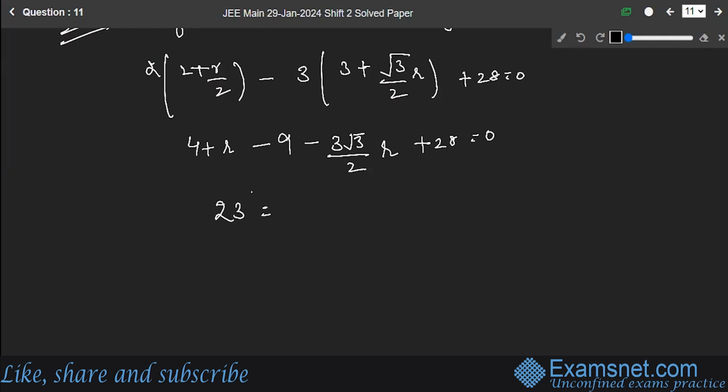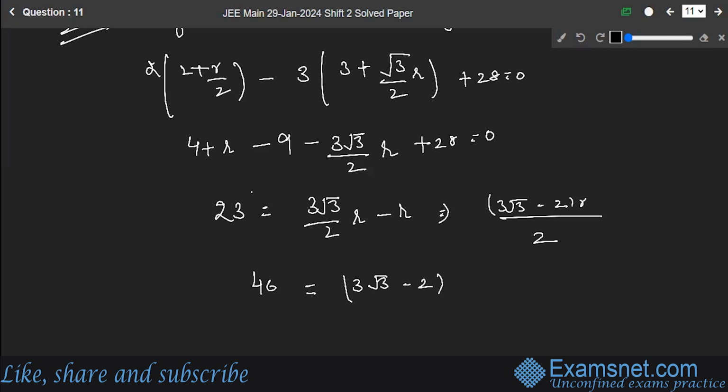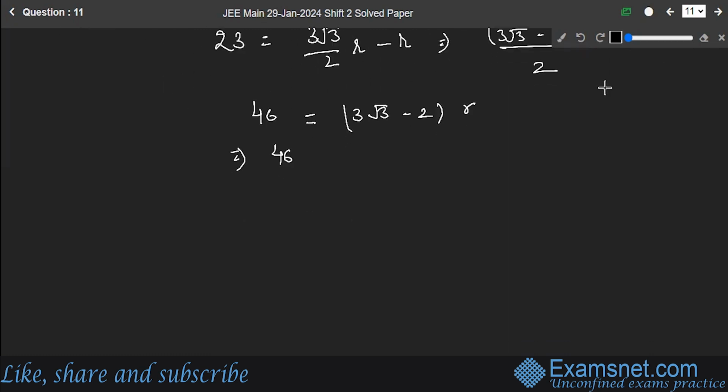23 is equal to, I'll take the r on this side. So this will be 3 root 3 upon 2 r minus r. Taking LCM, this will give me (3 root 3 minus 2) upon 2 into r. You have 46 is equal to (3 root 3 minus 2) into r. Or you will have r equal to 46 upon 3 root 3 minus 2. Let's rationalize.